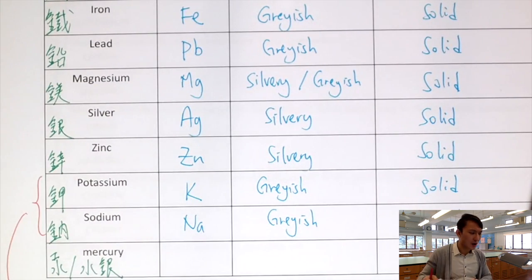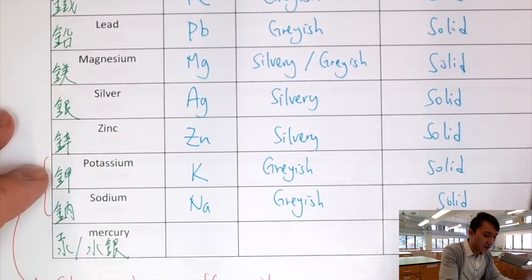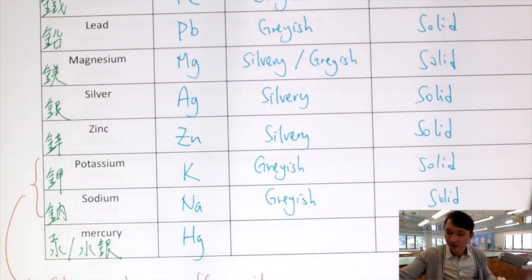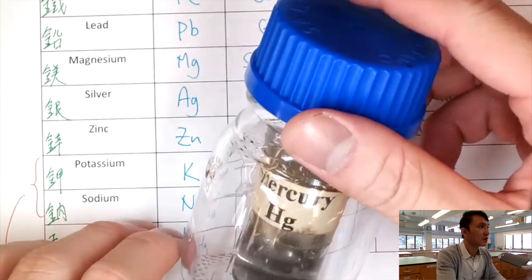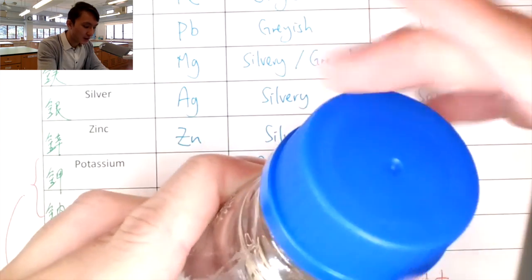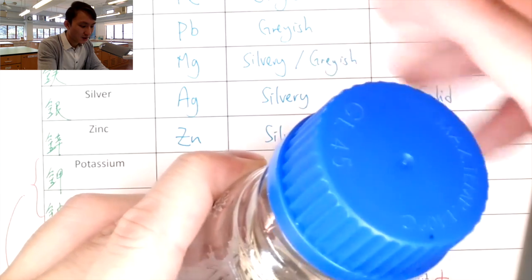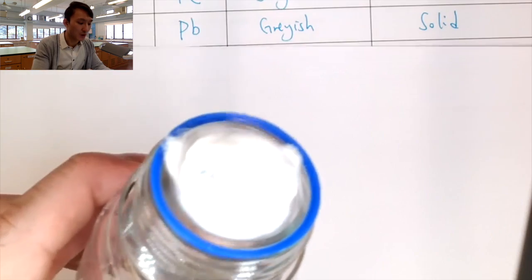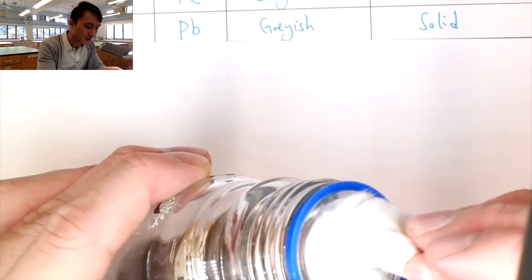Now down here, we still got one more chemical species, which is mercury. Now mercury, let me show you. So this is mercury. I try to carefully open this out. Now you see, it is even stoppered with cotton here.